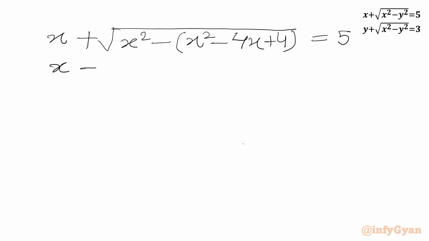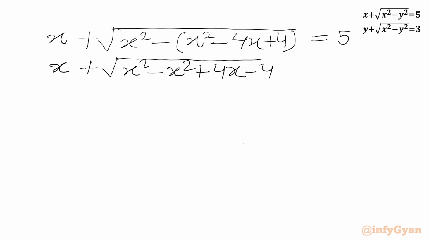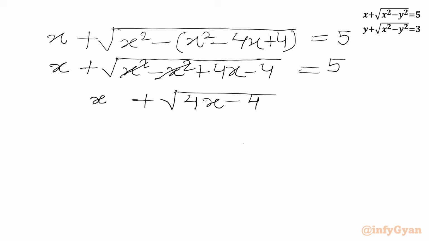We'll write x plus square root of x square minus x square plus 4x minus 4 equal to 5. Now we'll cancel x square with minus x square. So this will give us x plus square root of 4x minus 4 equal to 5.